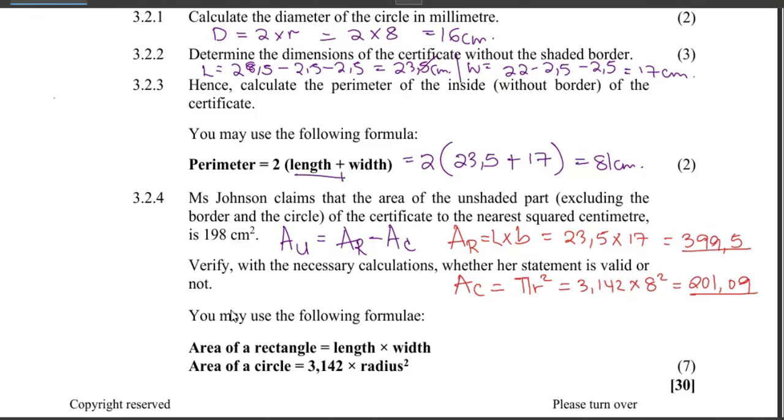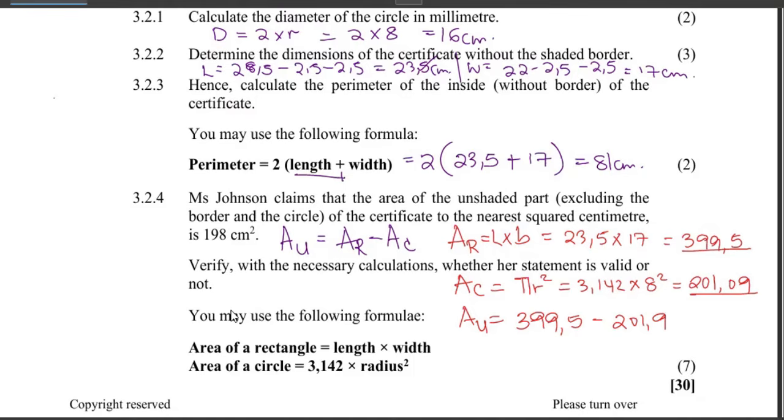So what we are going to do is subtract. The area of the unshaded becomes 399,5 minus 201,9.